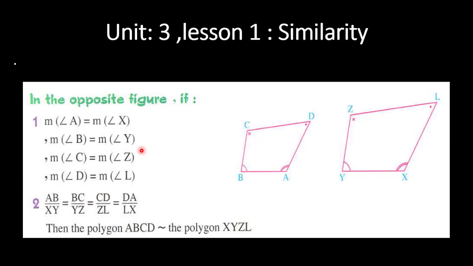Here, for example, we have two polygons. As we can see here, measure of angle D equals measure of angle L, measure of angle X equals measure of angle A, measure of angle B equals measure of angle Y, and measure of angle C equals measure of angle Z. And AB over XY equals BC over YZ equals CD over ZL equals DA over LX, so we say that the polygon ABCD is similar to the polygon XYZL.